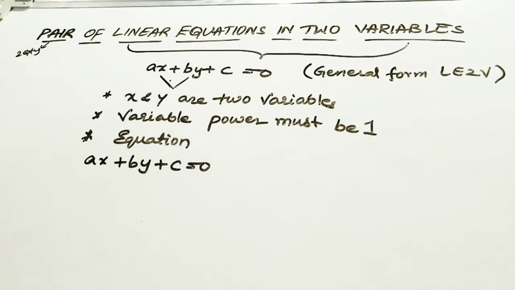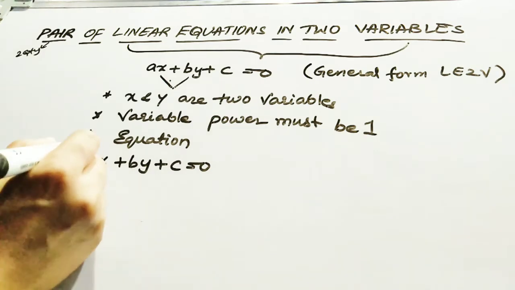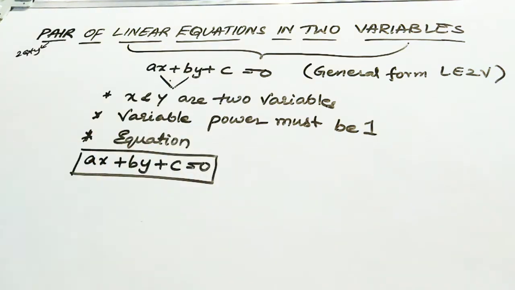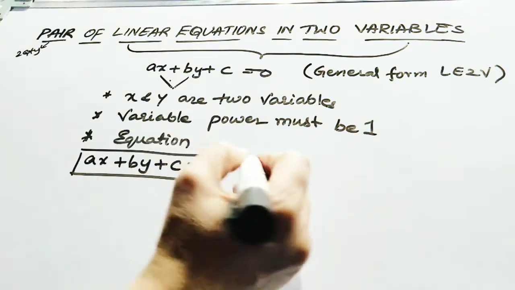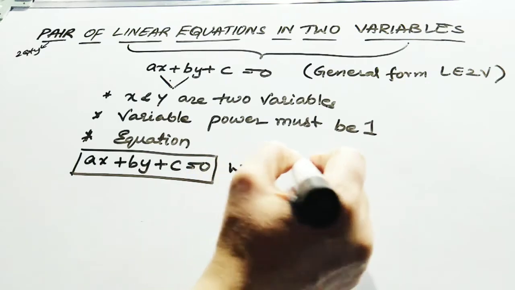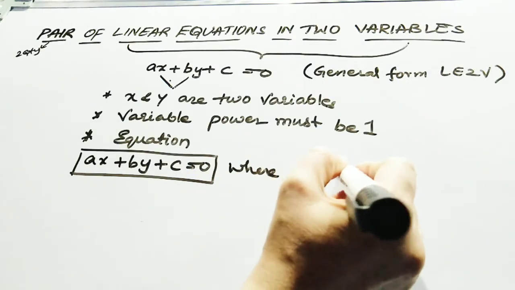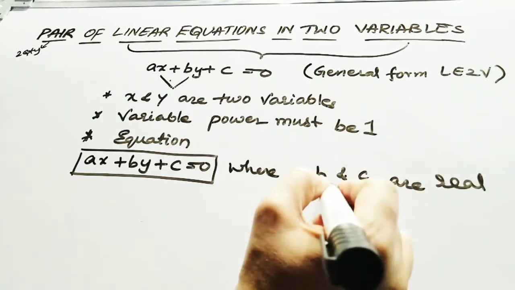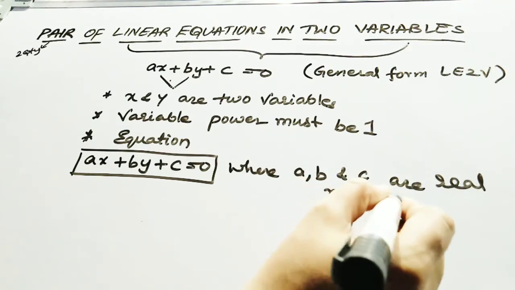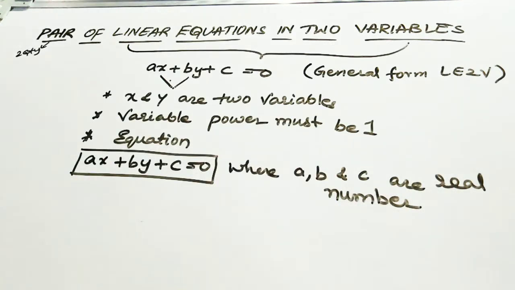This general form must satisfy some conditions whenever you are using it. Let's see what these conditions are. In ax plus by plus c, a, b and c are real numbers, and you have infinite real numbers.